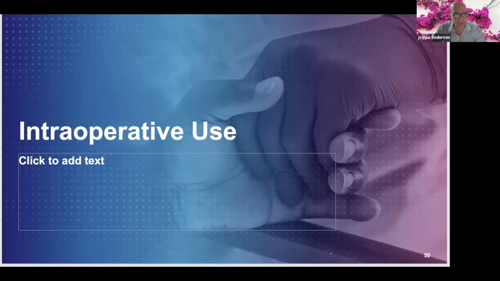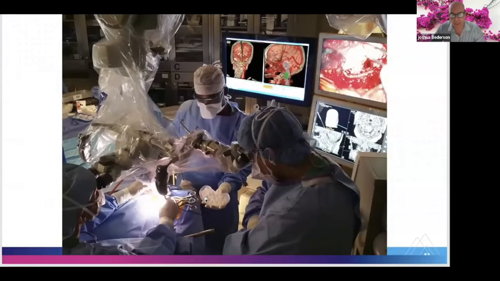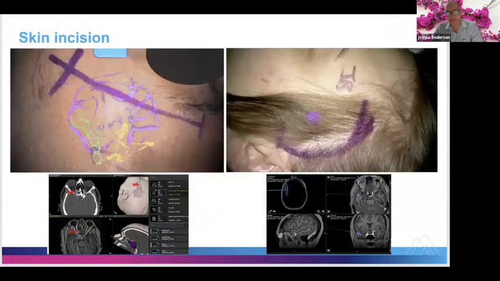For intraoperative use, as you can see, the surgeon has many different types of information available to him as he operates. In the beginning of this procedure, we use heads-up display to design a skin incision.